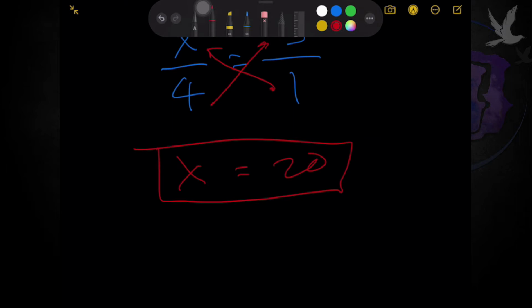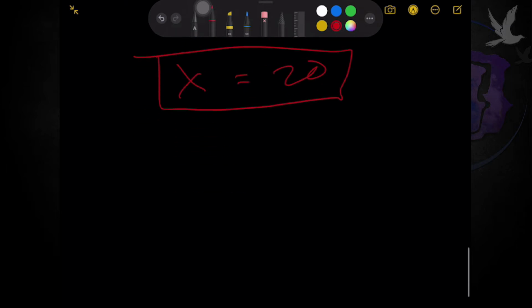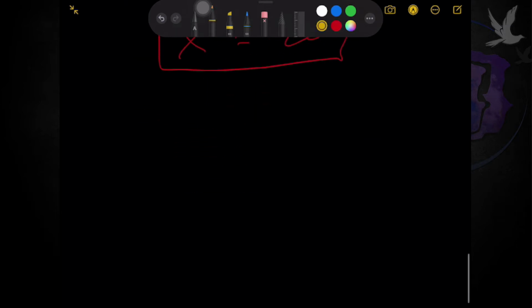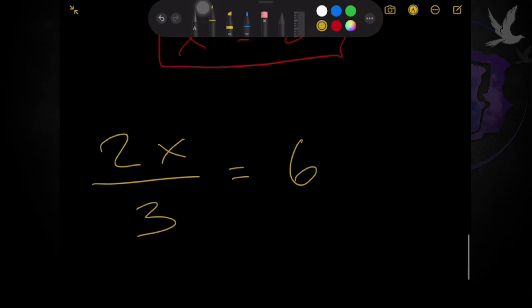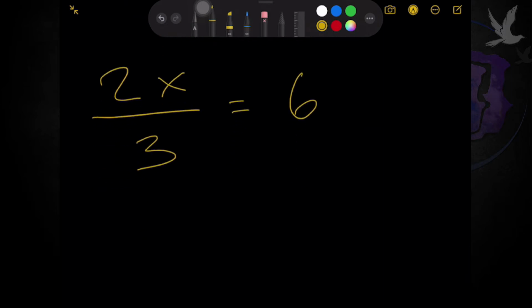Okay. So, ganun lang kadali yung cross multiplication process. Ngayon, what if magkakaroon tayo ng coefficient? What if we will have a coefficient such as 2x over 3 equals, let's say, 6. Okay. So, same lang talaga.